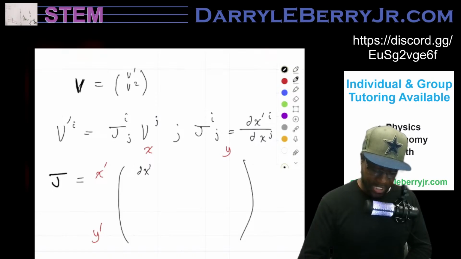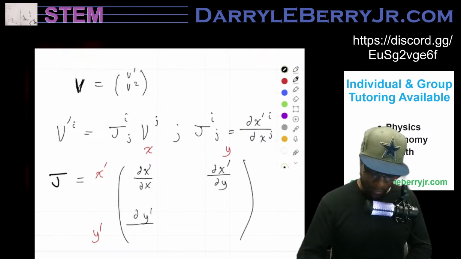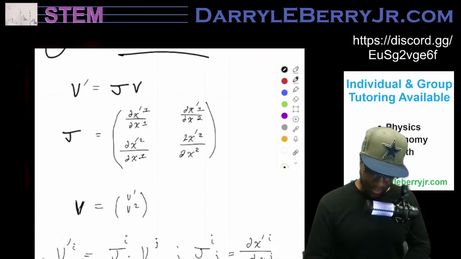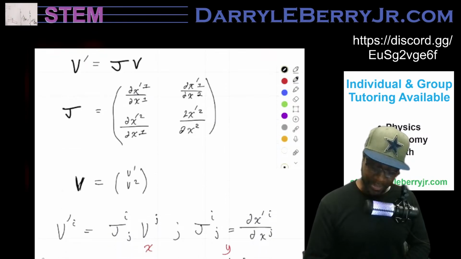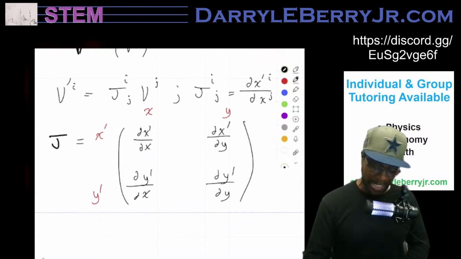We have partial x prime over partial x, partial x prime over partial y, partial y prime over partial x, and partial y prime over partial y. So all I did was switch from the indices notation, where I cycles from 1 to 2, and here I plugged in the x and y for the 1 and 2. Let me know if this is unclear.